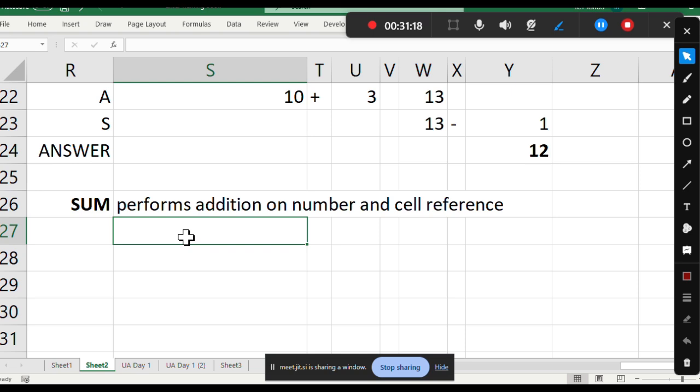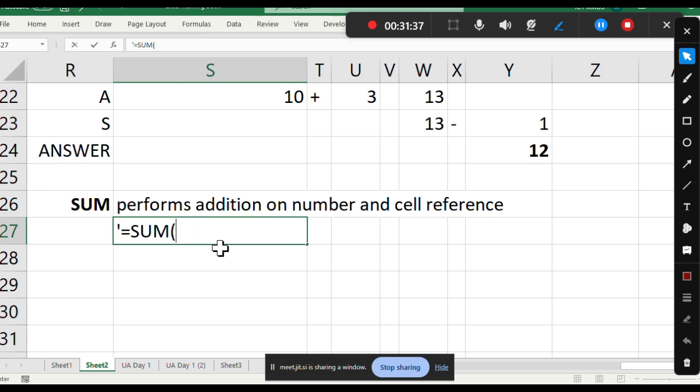And the formula is this. If you want to enter a formula, you know now, what do you first type? If you want to enter a formula, or a function, you type this.